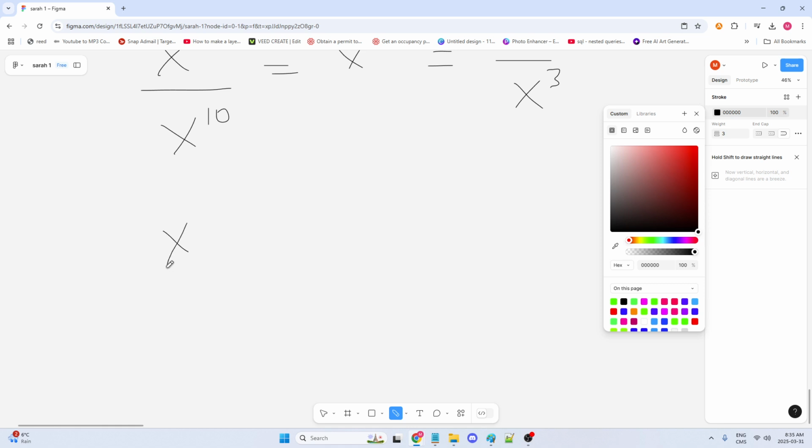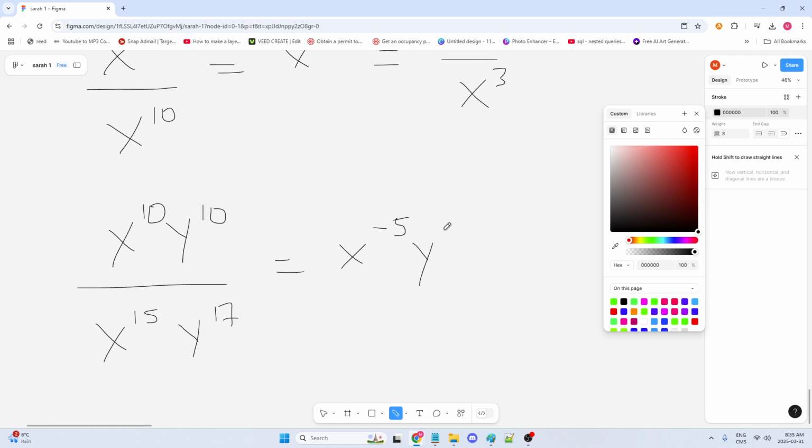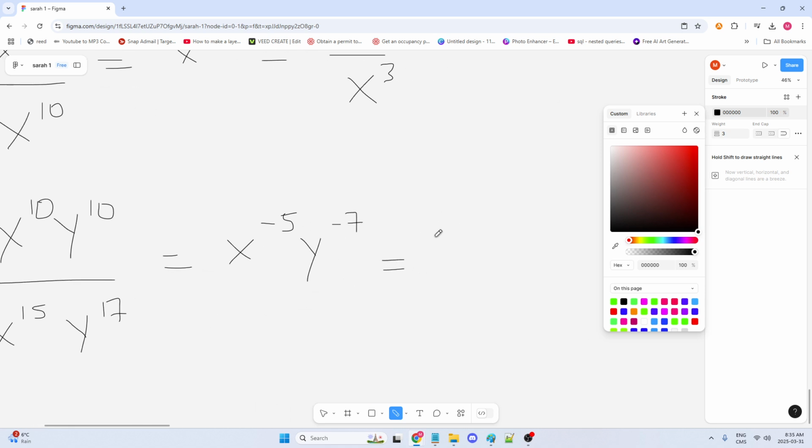Let's try another one. x to the 10, y to the 10, and you have x to the 15 and y to the 17, which is equal to, look at the x first, x to the minus 5, and 10 minus 17 is minus 7. So 1 over x to the 5, y to the 7.